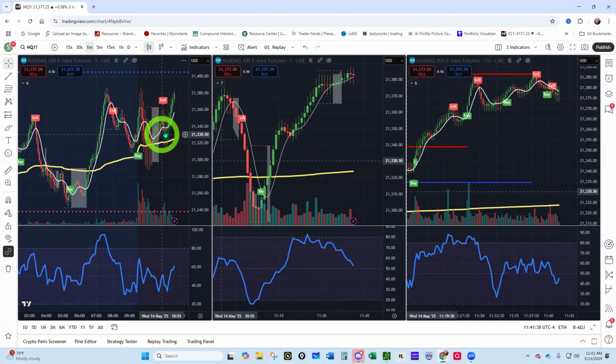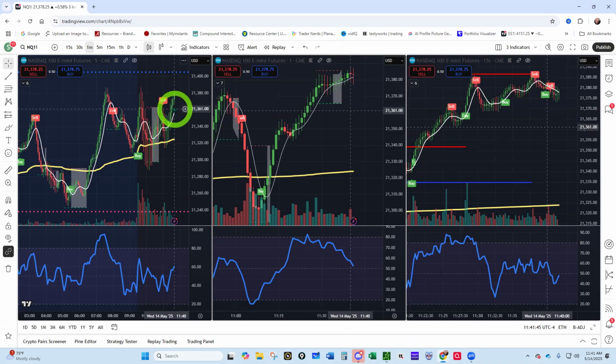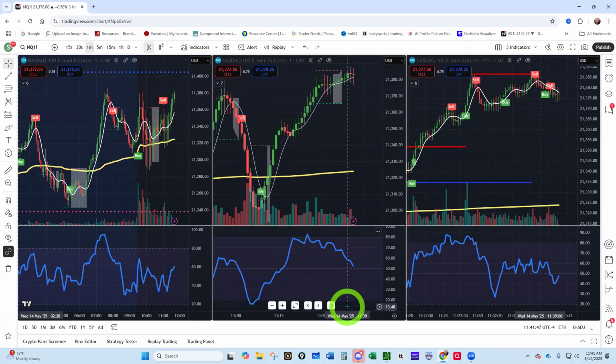Look at that. It never gave us a buy signal on the 5. Gave us the sell, but didn't give us the buy. Hmm.